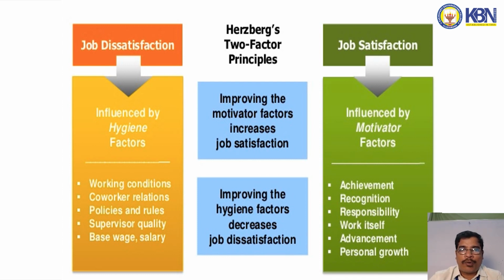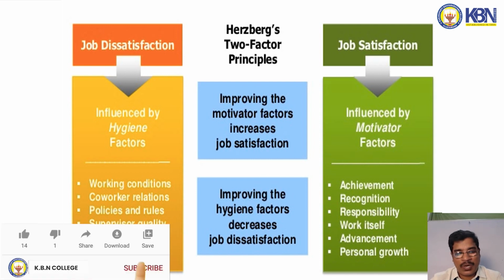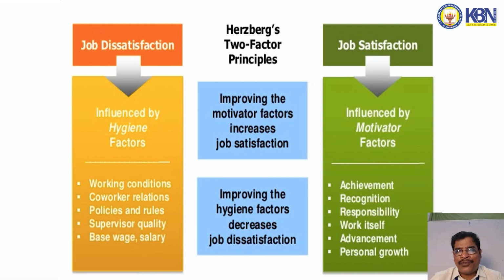If there are no proper relations between the management and the employee, or employee and employee, that also makes them job dissatisfied. And if the policies, rules and regulations, formalities, practices, procedures are not quite satisfactory to the employee, at that point of time also the employee feels dissatisfied.